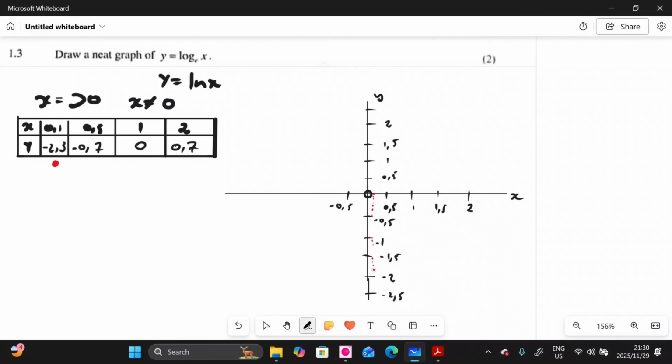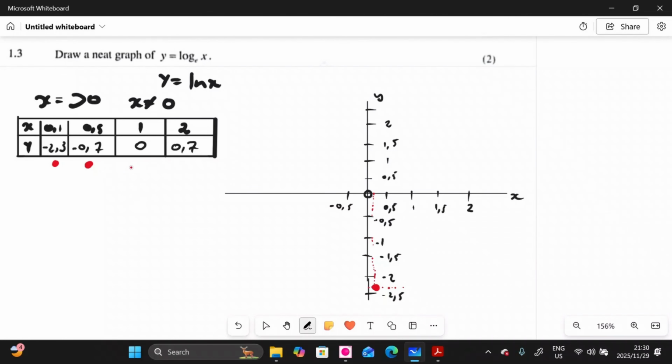Let's say it's somewhere here. We draw a vertical line that goes downwards like this. Our y is negative 2.3, so negative 2 is here, and 2.3 is somewhere there. Also draw a line that goes there. Wherever these lines meet, this is our point.